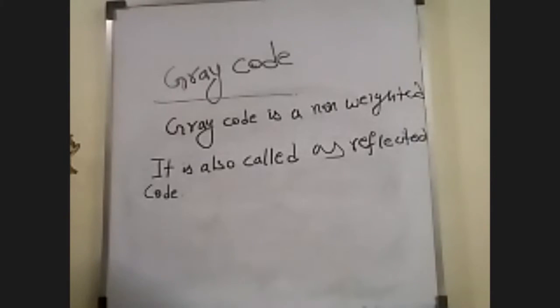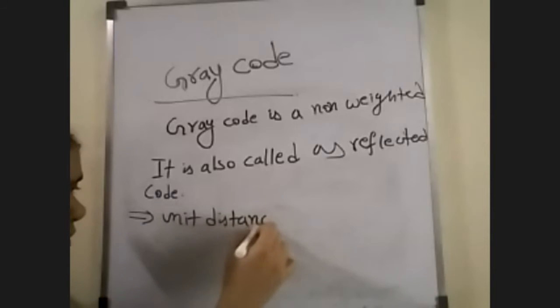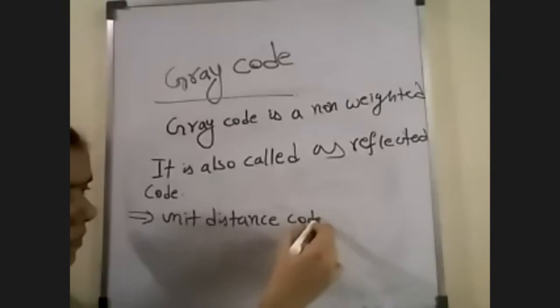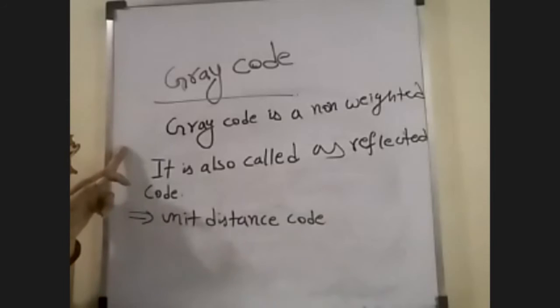And here gray code is also a special case of unit distance code. So gray code is a non-weighted code.